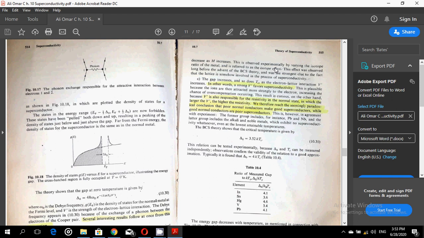Number C. The gap increases, and so does Tc, as the electron lattice interaction V' increases. In other words, a strong V' favors superconductivity. Now there is a very important point which should be noted here.